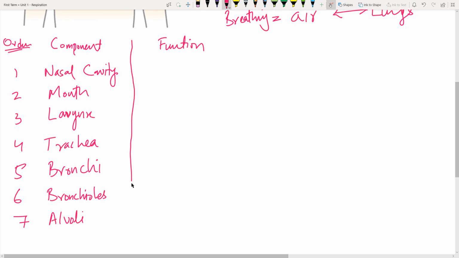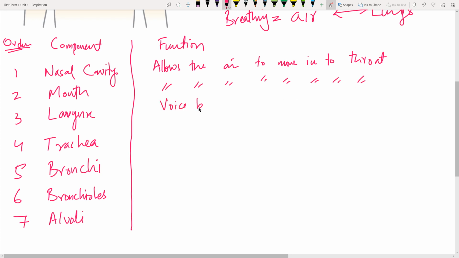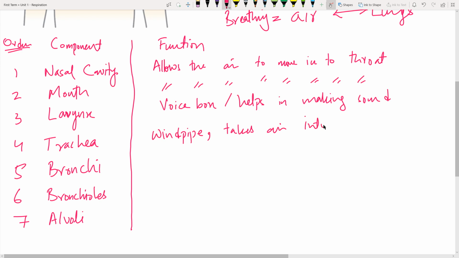Now let's devise the functions. The nasal cavity allows the air to move into the throat, and the mouth also allows the air to move into the throat. The larynx is also known as the voice box and helps in making sound. Then we have the trachea, which is the windpipe, and takes air into the lungs.